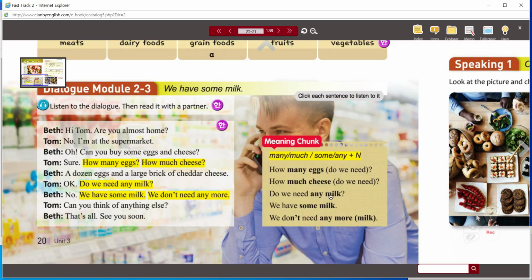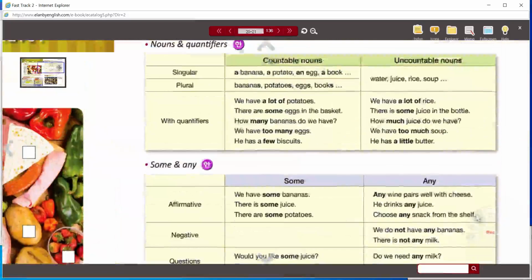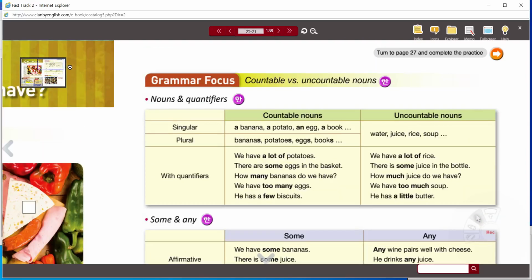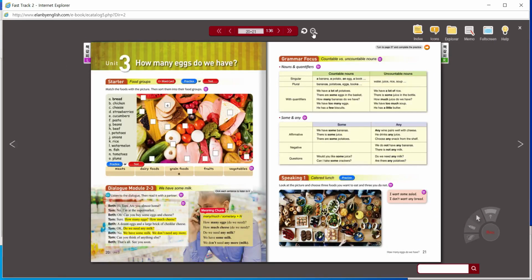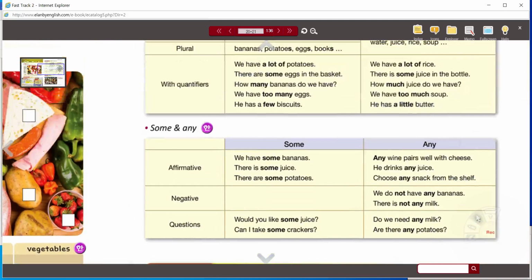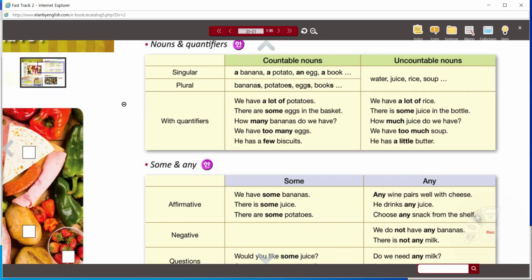Do we need any milk? So we'll see this word used in a lot of questions, and in this one, in a lot of statements, okay? And also in some negative statements as well. This is explained, or given some better examples, at the top of page 21.